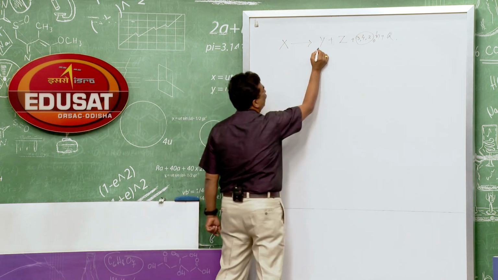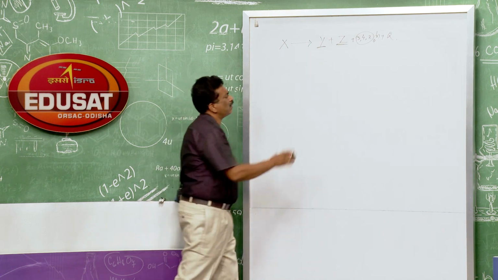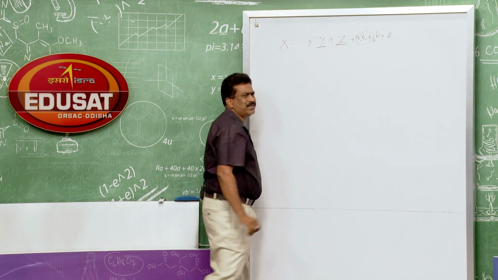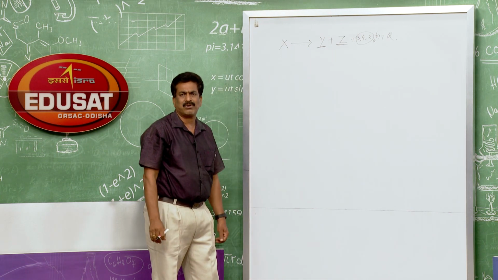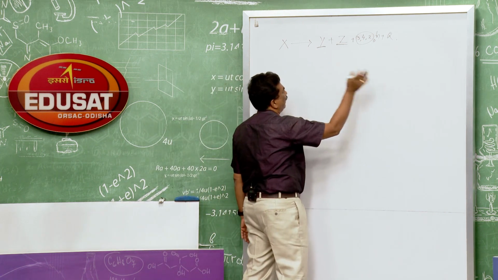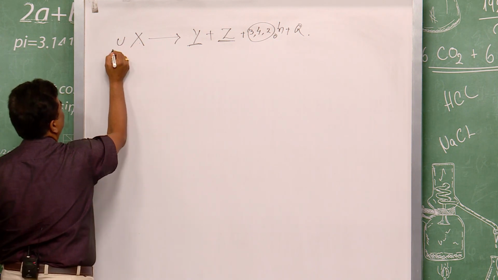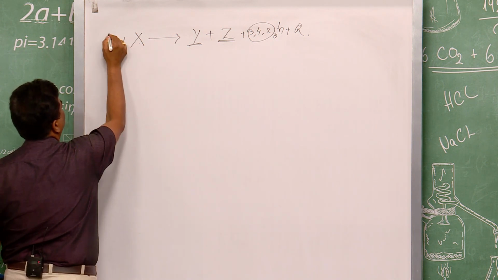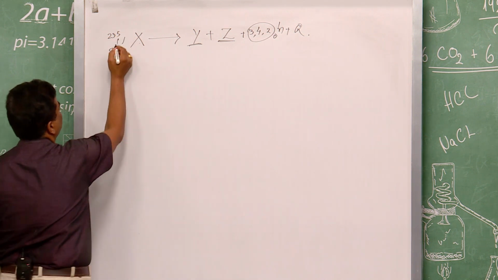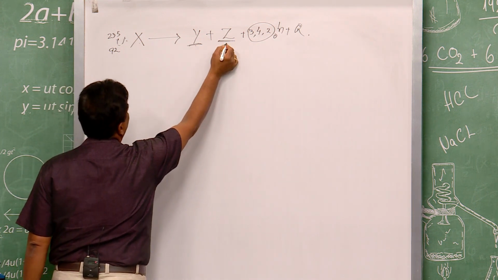Most elements give binary fission, and 4 out of 1000 fissions provide tertiary fission. Suppose X is uranium 92, 235; Y and Z are the two parts.